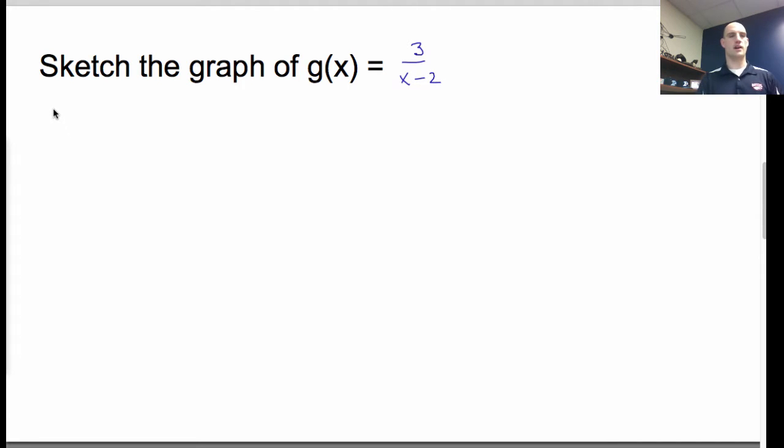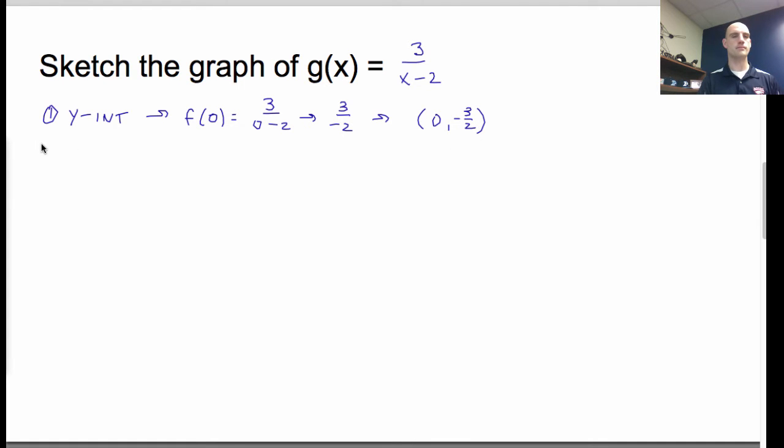The first thing we're going to find is the y-intercept, and that's going to be f of 0. So I've got 3 over 0 minus 2, so that's going to give me 3 over minus 2. And so the point is 0 comma negative 3 halves.